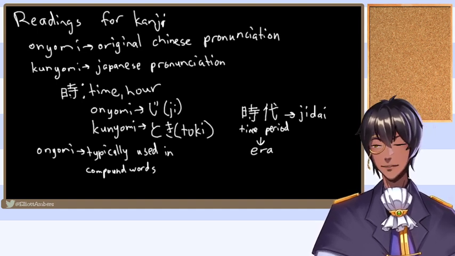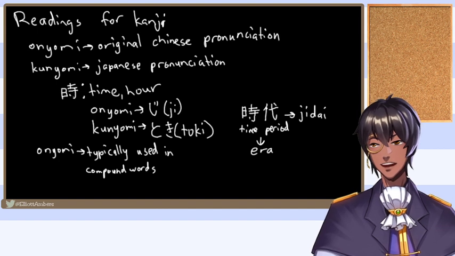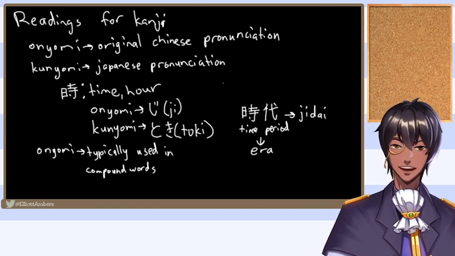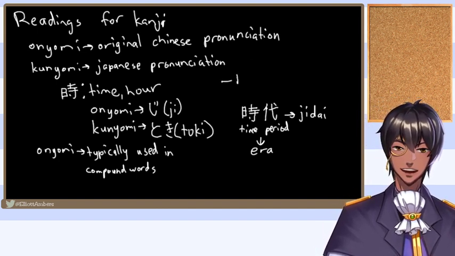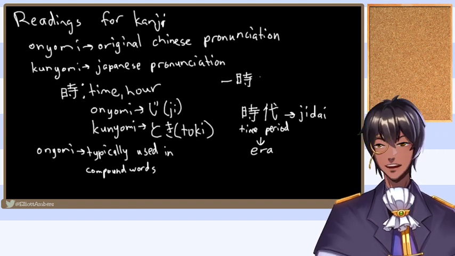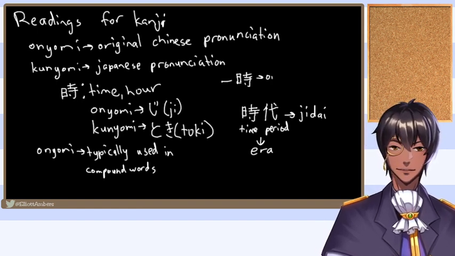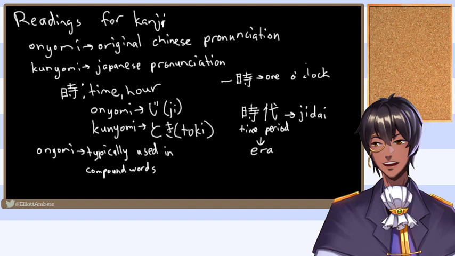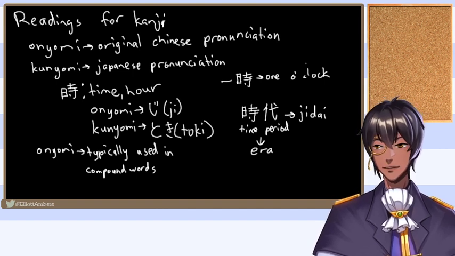But if you see it with numbers, that usually refers to the time of day. Like if I said Ichiji, that would be 1 o'clock. So it's just a matter of understanding that new vocabulary.